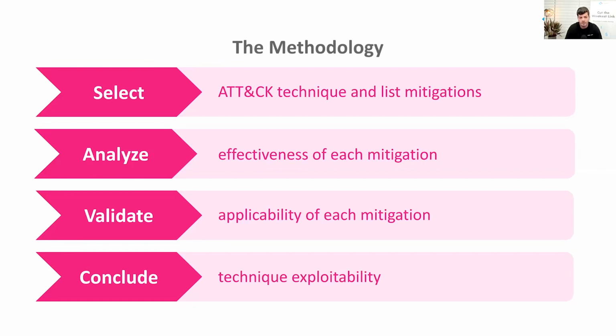sources from which you can really collect the information needed to validate the applicability of that mitigation. Preferably, you should do it for all the mitigations for that technique in order to make sure that you're not missing any information. But generally, as mentioned also by previous speakers before me, ATT&CK is not a science, and you don't have to be 100% all the time.